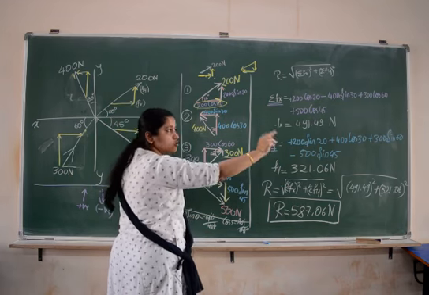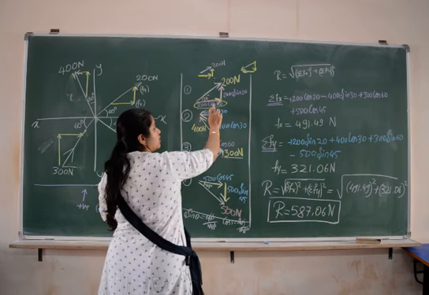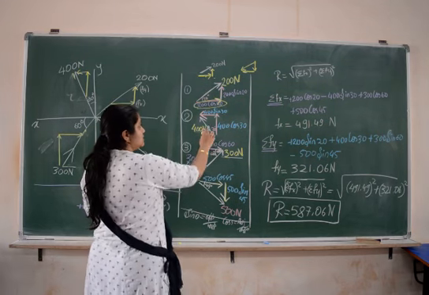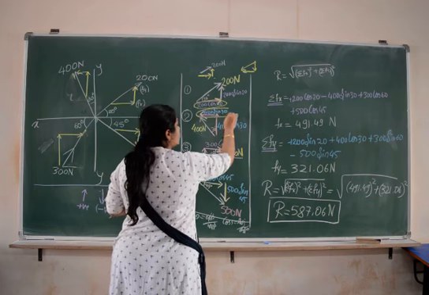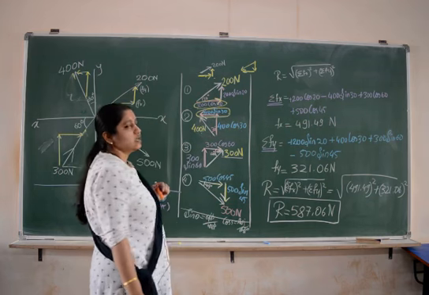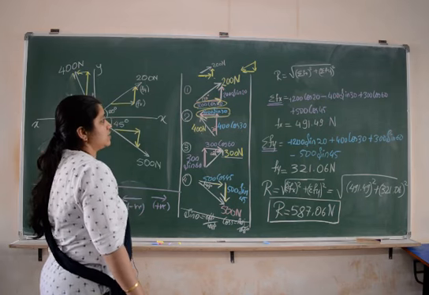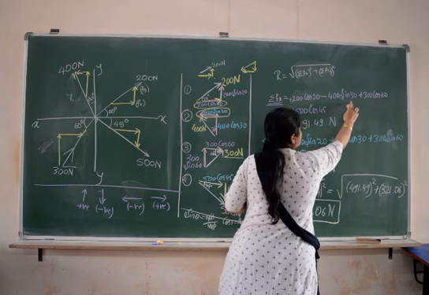So, it is going to be plus 200 cos 20. In the second case, the Fx component is 400 sine 30, which is directed towards the left hand side. So, I am going to write here minus 400 sine 30.